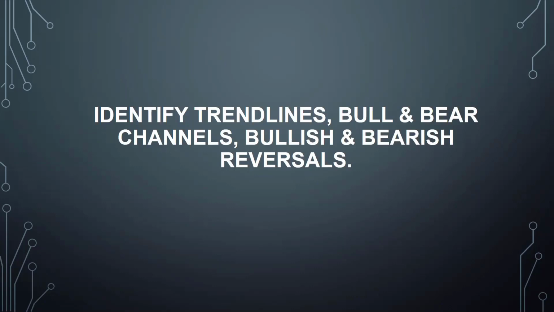Today we have about 30 minutes, because I'm sure you've heard of trend lines, bull and bear channels. We are going to be using these mostly on our supply and demand concept.